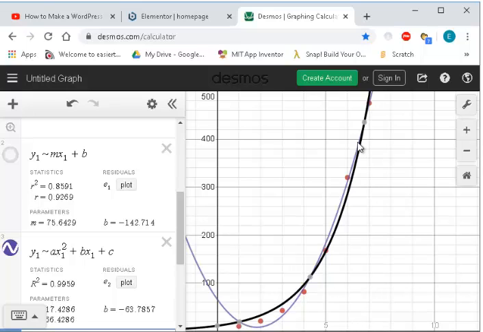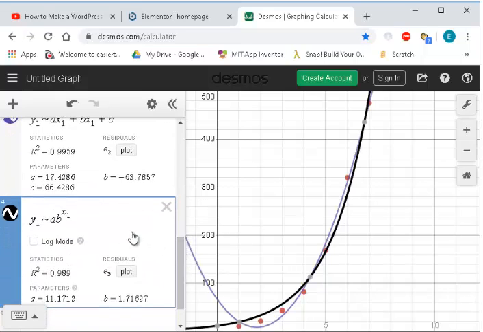It doesn't really match the problem. But the exponential one is telling us that it starts with almost zero, and as time passes on, it increases. So you cannot always look at the r squared and decide which one is the best one. You have to look at the context of the problem. In this problem, probably the exponential one fits the data best.